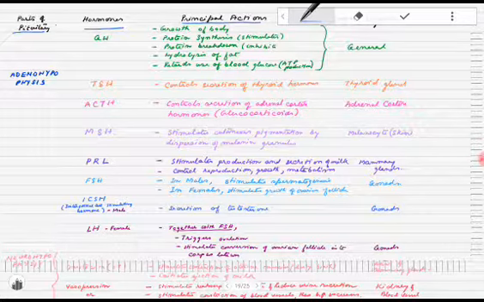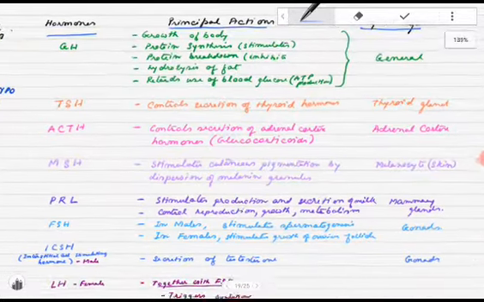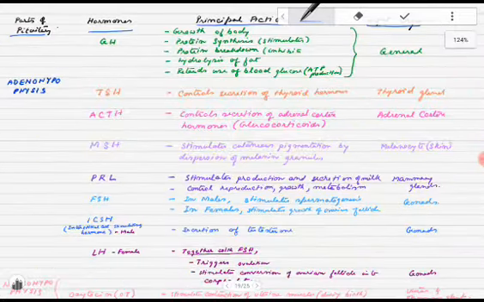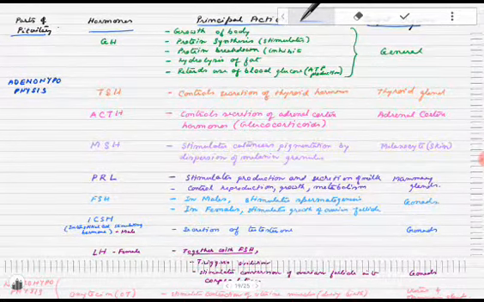Now, GH: its principal action is that it helps in growth of the body, it stimulates protein synthesis and inhibits protein breakdown, it helps in hydrolysis of fat, and retards use of blood glucose for ATP production, and its target organs are general.